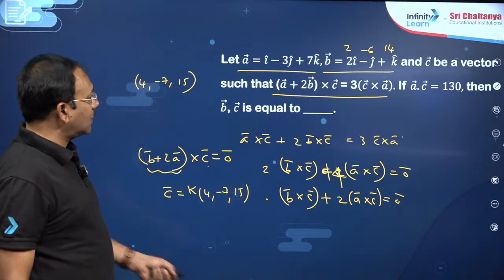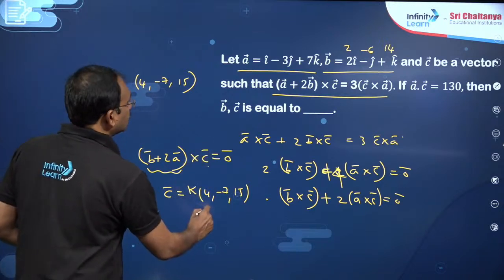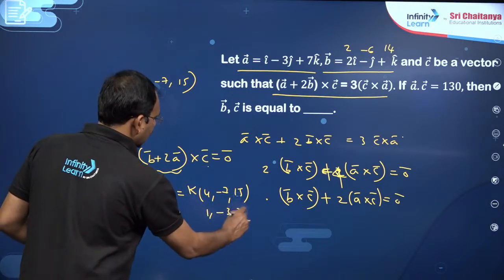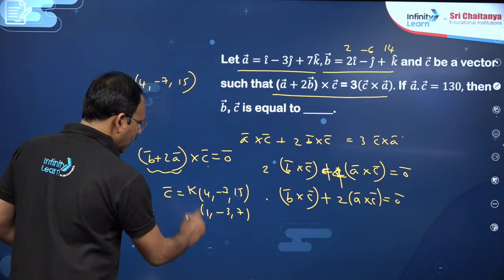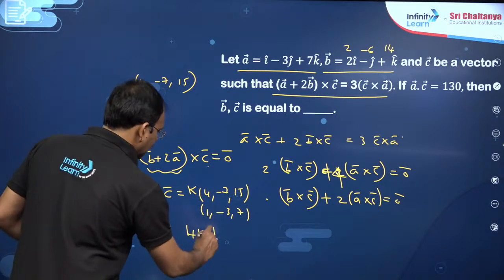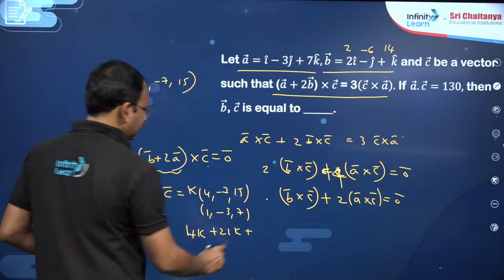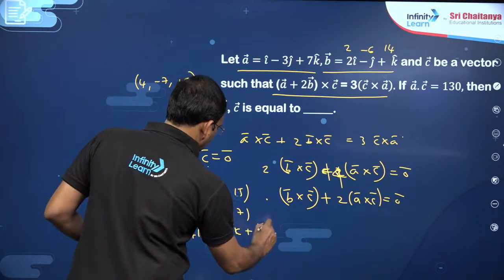Now, to find that K, he has given A dot C is 130. Dot product of this with 1 minus 3, 7. So, you will get 4K into 1, 4K, minus 7 into minus 3, plus 21K, plus 15 into 7, 105K.